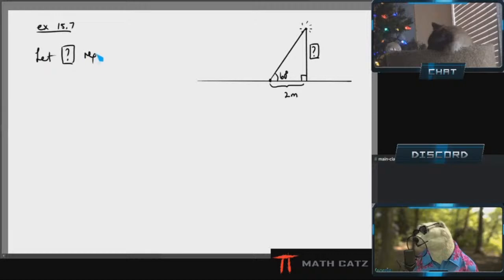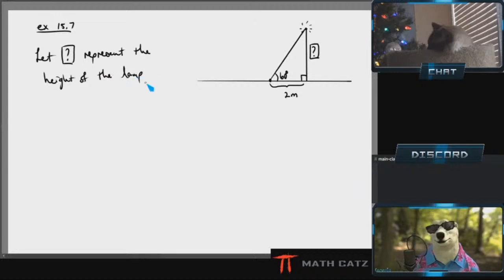But I have to start by saying the unknown and the symbol that I choose, they mean this. Let question mark in a box represent the height of the lamppost. Is lamppost one word or two?